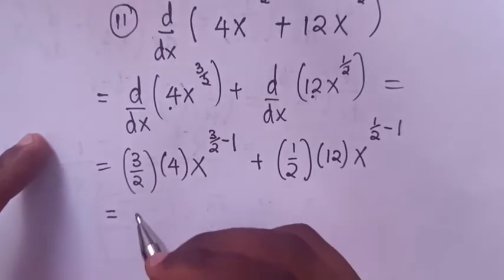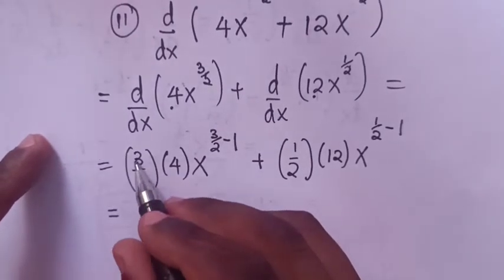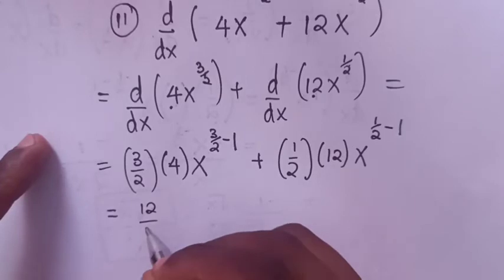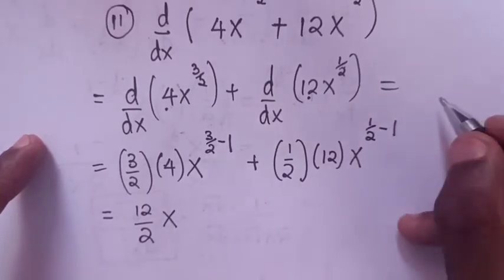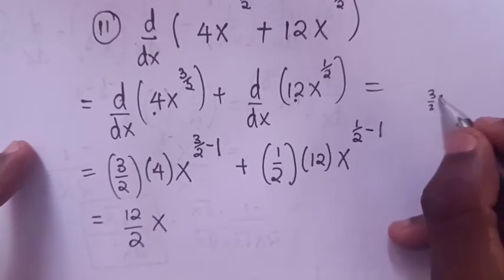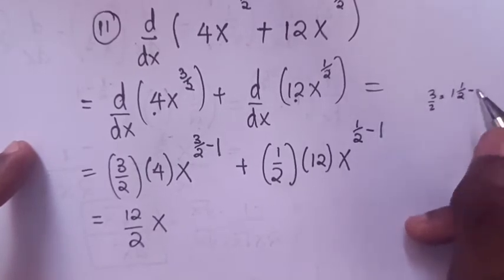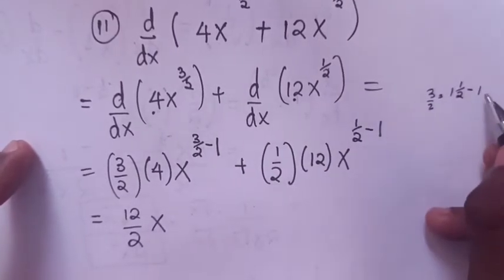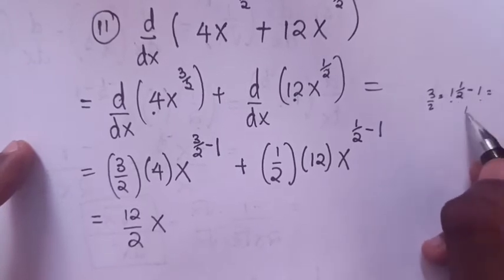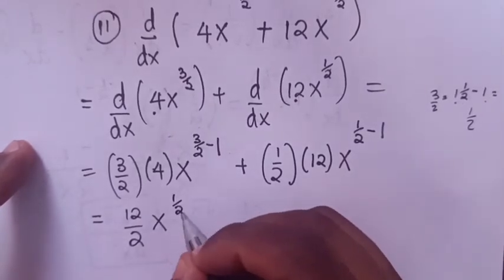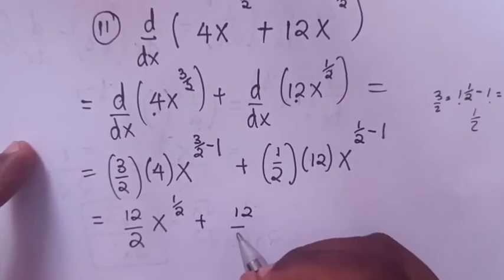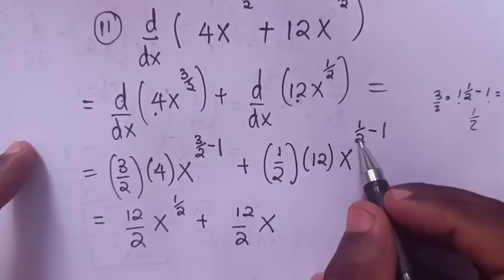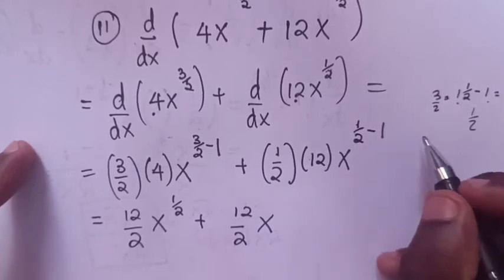So here 3 times 4 is 12 over 2, x to the power of 3 over 2, which is the same as 1 and a half, minus 1, remains a half, plus this will be 12 over 2 x to the power of a half minus 1.